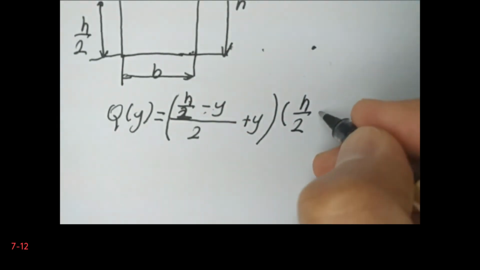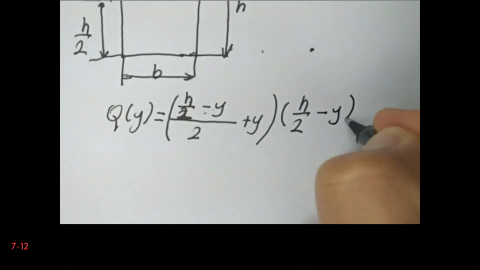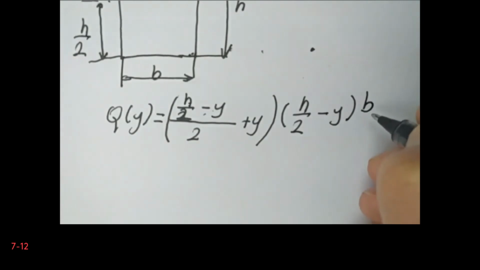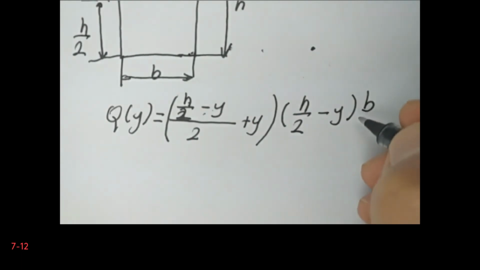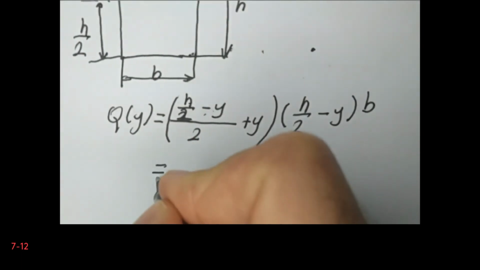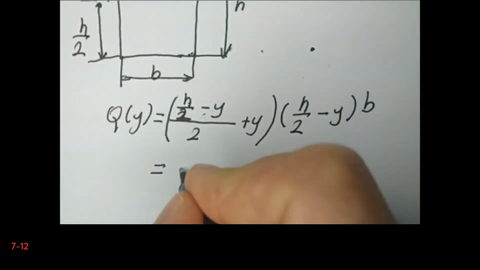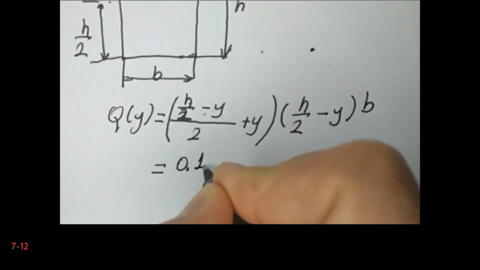Okay, if we put the values, what we are going to get is 0.1 multiplied by 0.15 minus y square, meter to the power cube.